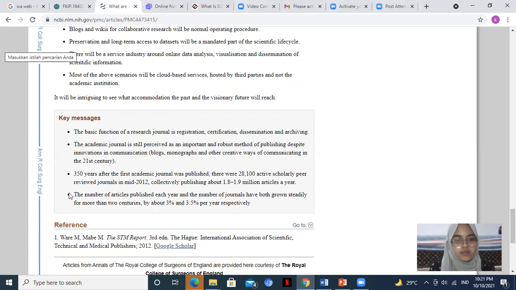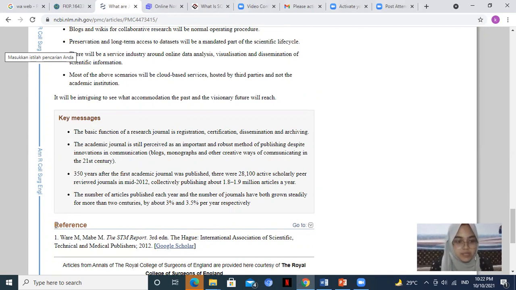The number of articles published each year and the number of journals have both grown steadily for more than two centuries, by about 3% and 3.5% per year, respectively.